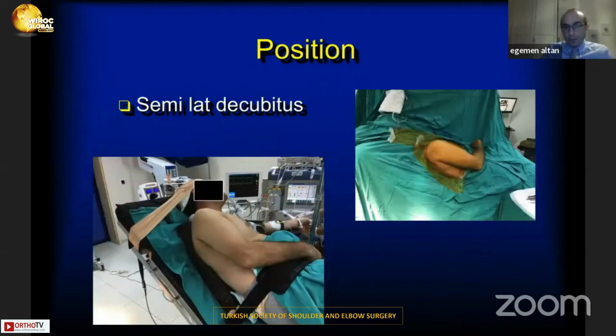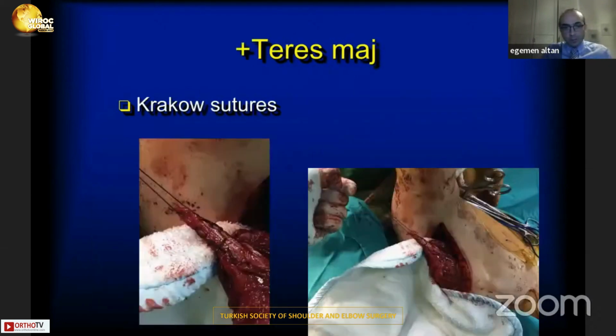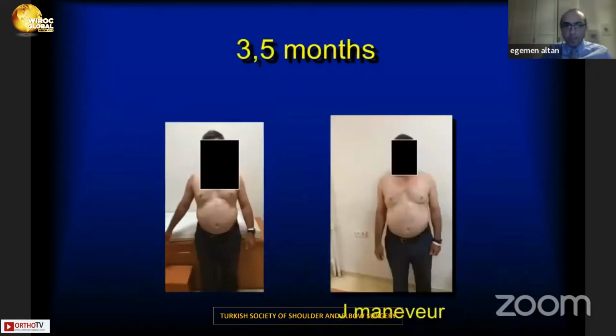The position is semi-lateral decubitus, as you see here. We used the Krackow sutures again. We also used latissimus dorsi and teres major for the reinforcement of the tendon transfer. It's not necessary, but you can also add teres major for the reinforcement.